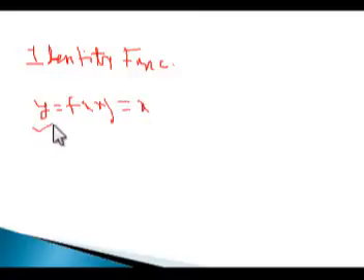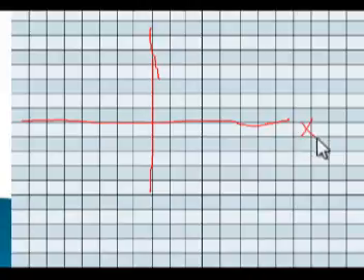The same value will be the y. So the graph of identity function is very easy to look at. Let's again draw the y-axis, and this is the x-axis. So what will be the value of x? Same value will be y. If x is 1, then y will be 1. If x is 3, then y will be 3. If x is minus 1, then y is minus 1. If x is minus 4, then y is minus 4.